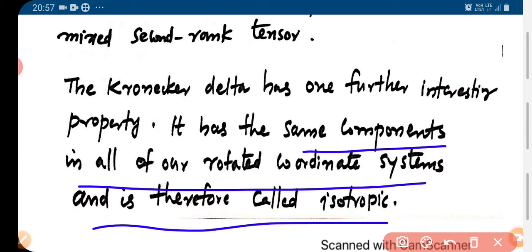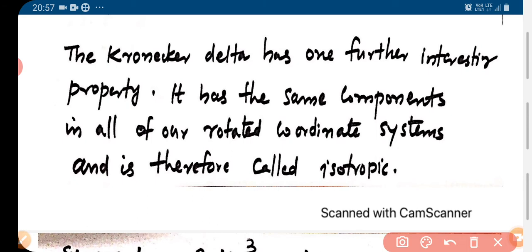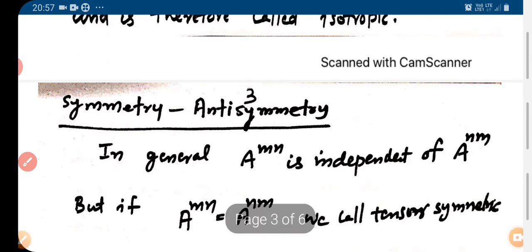That means it is isotropic. So this is called isotropic. That is the property of the Kronecker delta. It is a second rank tensor and it is an isotropic tensor.